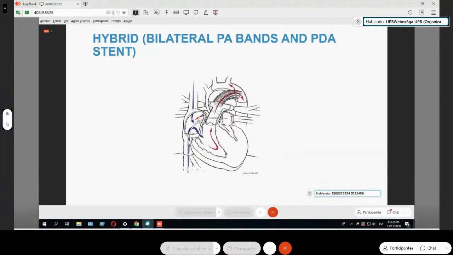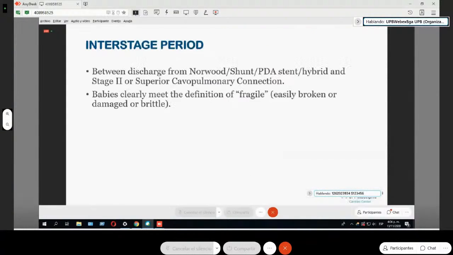Otra opción para mantener en cuenta con la paliación son las bandas bilaterales y el stent del ductus, el APDA, es una opción interesante. El periodo interestadio es el periodo entre el alta del procedimiento de Norwood o de shunt hacia un estadio 2 o una conexión pulmonar superior.